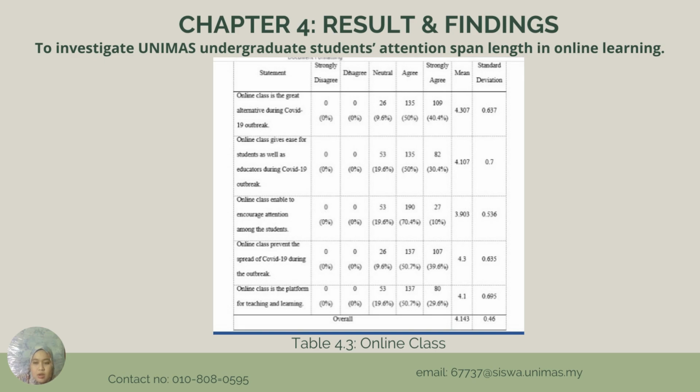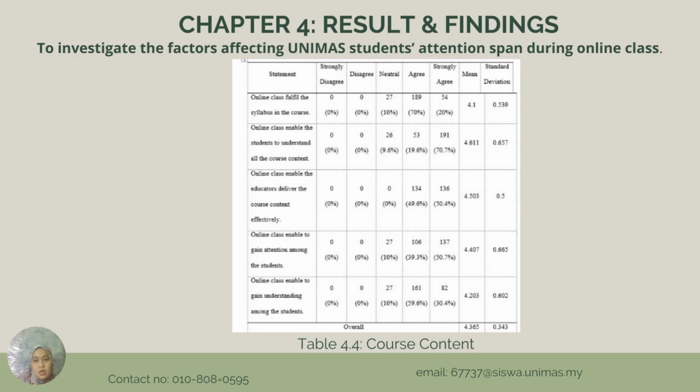Meanwhile, the lowest mean is 3.903, which is the statement online class enables encouraging attention among the students, with a standard deviation of 0.536. Next, the overall mean of online learning is 4.143 and the standard deviation is 0.46. Thus, respondents agree about online class.